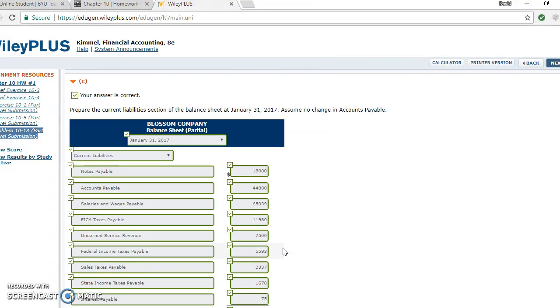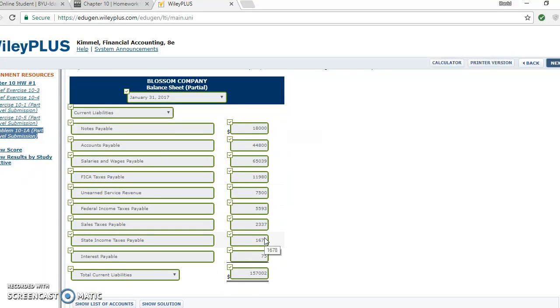And then the last part of this problem, we end up doing a partial balance sheet for January 31st, 2017, where we list the current liabilities. And typically they do start with notes payable and then the accounts payable.